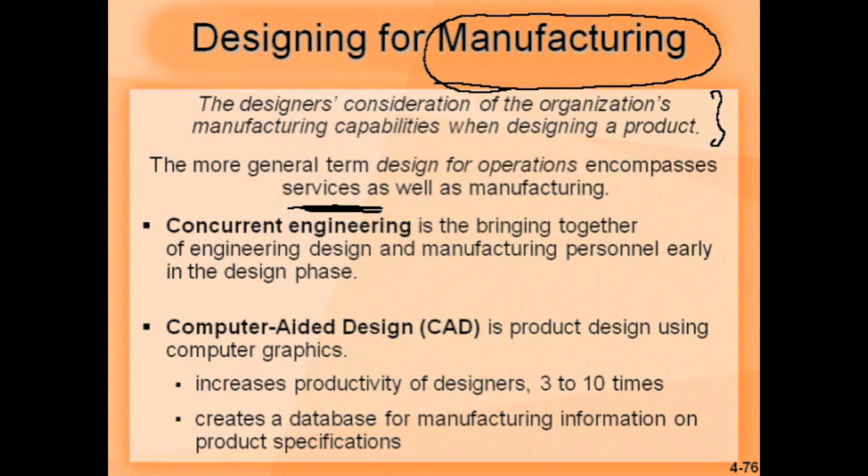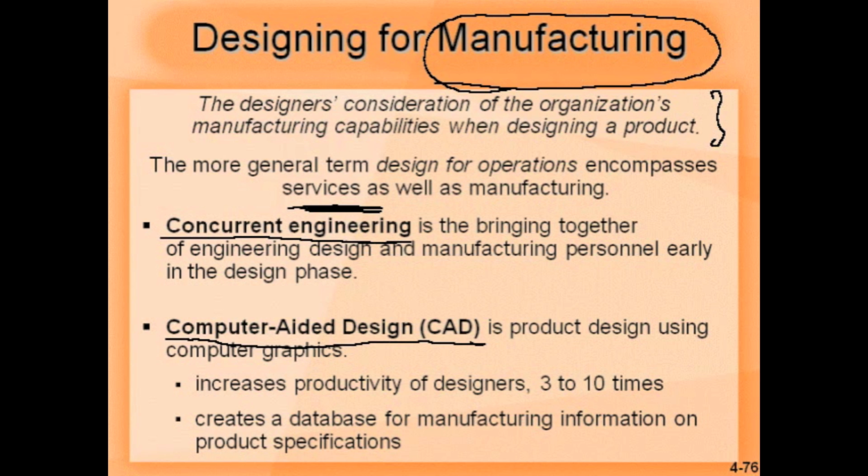There's a term called concurrent engineering, which is the bringing together of engineering, design, and manufacturing personnel early in the design phase. So at the design stage itself, the team should include manufacturing people also. When it is done, it is called concurrent engineering. And in fact, that small step can be very, very beneficial for the company.